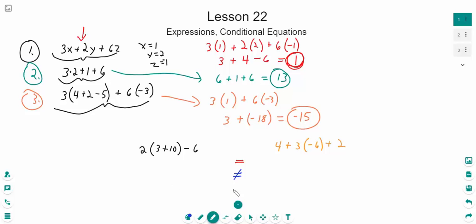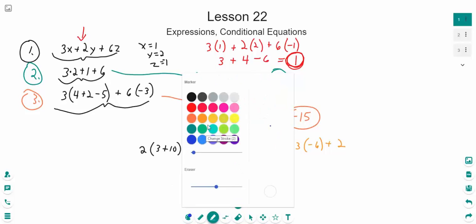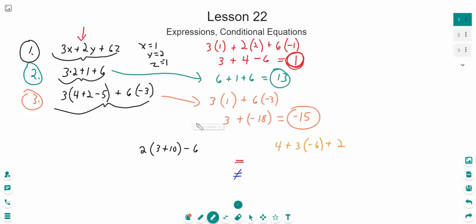Another thing we might come up with would be to say that one is larger than the other. So maybe the value of this expression is actually larger than the value of this expression. Well, then we would write that by using the greater than symbol. Hopefully you remember that from previous years. The greater than symbol is always opened towards the bigger side.